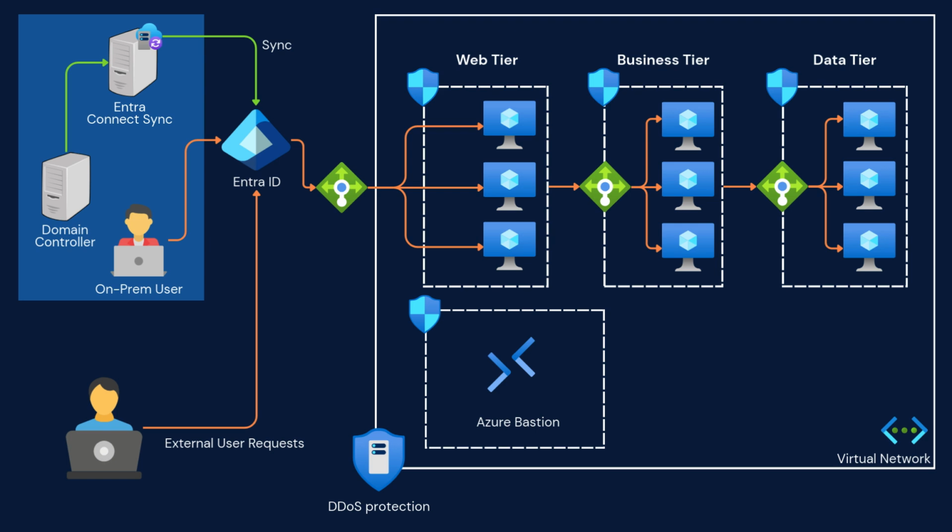Now let's move to the right side of the diagram. This is where the application is running in Azure. The app shown here is displayed as what's called an N-tier architecture. Now, that just means that the application is separated into layers instead of being built as one giant monolith. In this case, you can see we have a web tier, a business tier, and a data tier.